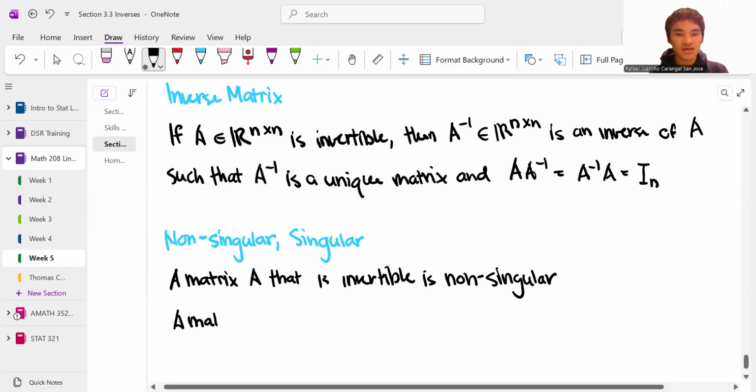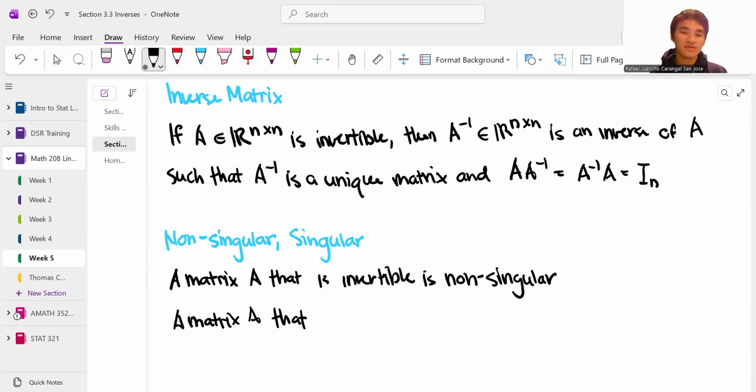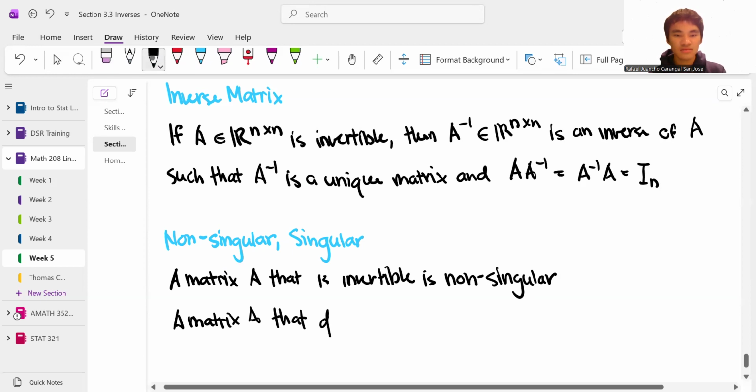A matrix A, or these are both square, I forgot to say, that doesn't have an inverse is singular. So this is actually pretty self-explanatory.